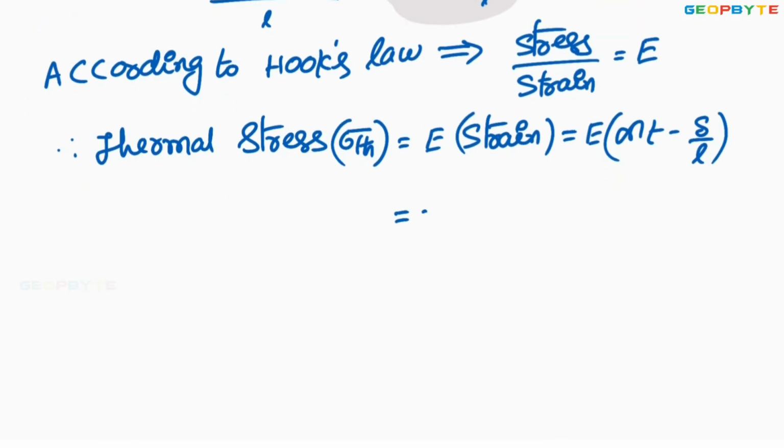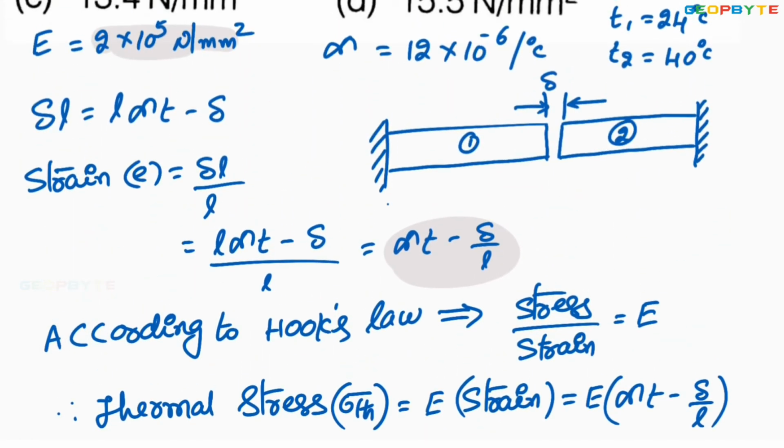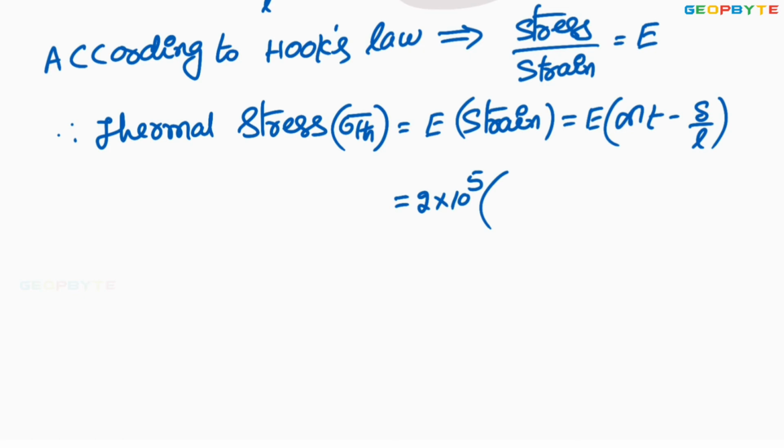E equal to 2 into 10 power 5 multiplied by alpha. Alpha given is 12 into 10 power minus 6.